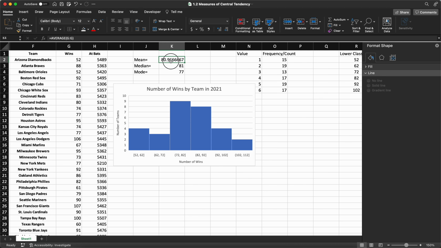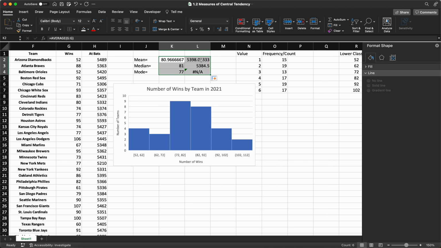Now look at this. I created a formula for all 3 of these, and that formula said reference column G. Now, if I use the autofill feature, which is to take my cursor and put it over this box in the bottom right corner, and I click and I drag over, it's going to keep all the formulas the same, except instead of referencing G, it's going to reference 1 column to the right because I'm dragging it 1 column to the right.